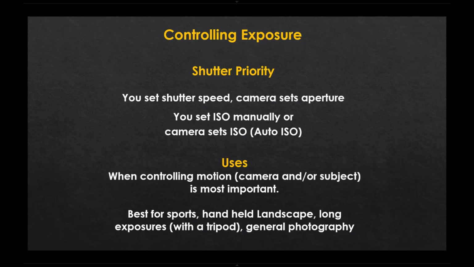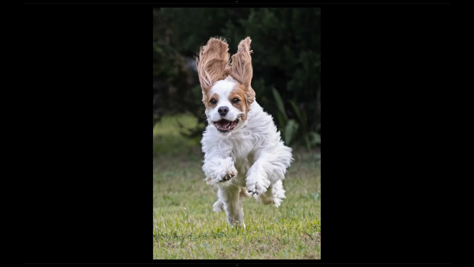And so the best use for this is where we want to control that movement. And as we saw with this image, where we want to freeze the motion of the dog running, we need to use a very fast shutter speed. And obviously, depending on the lens and the situation, probably high ISO and minimal aperture, as wide open as possible, to allow as much light in as possible.